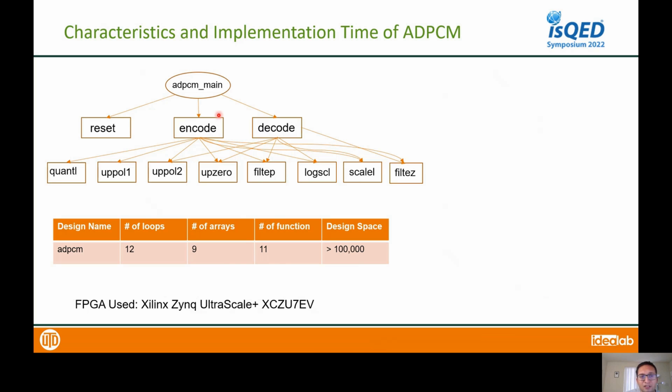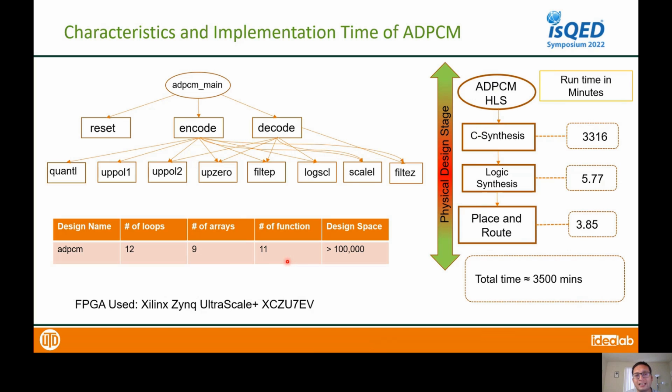The design consists of one top module and 11 sub-functions. It consists of 12 loops, 9 arrays, and 11 functions. And if we apply pragmas or optimizations, it has a design space of more than 100,000.